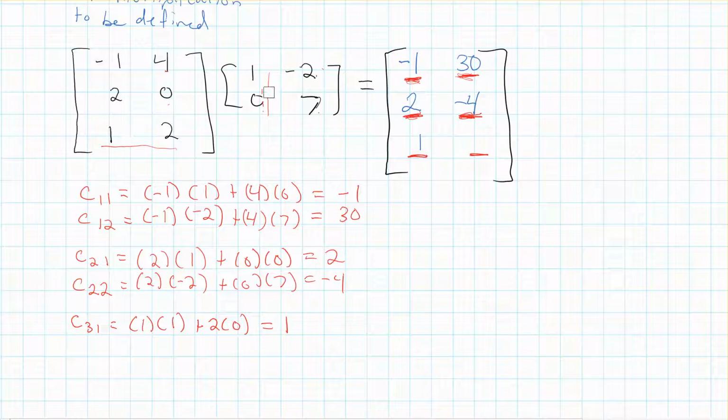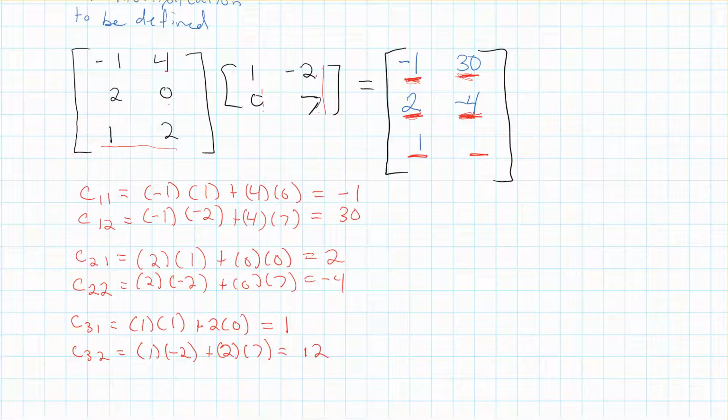And it's still going to be row 3, but in this case, it's going to be column 2. And so C32 would be, I'm sorry, not row 1, number 1 times negative 2 plus 2 times 7. So we have negative 2 plus 14, which is 12. You can see there's a lot of room for arithmetic mistakes on these. So this would be 12.